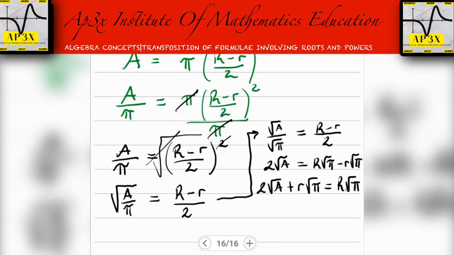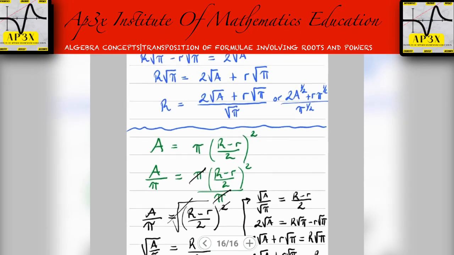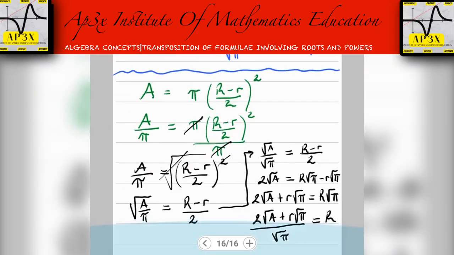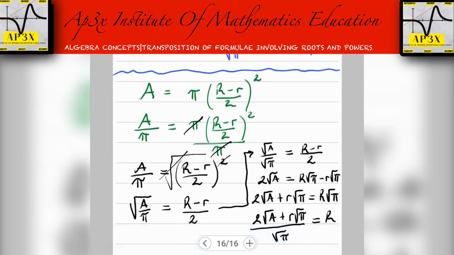So naturally then, to get big R, I'm going to divide both sides by the square root of pi. So that's 2 square root A plus small r square root pi, all divided by square root pi, will give us the value of big R, which you can see is the same answer that we got up here. 2 square root A plus r square root pi, divided by the square root of pi.